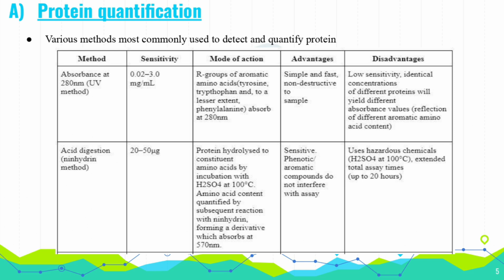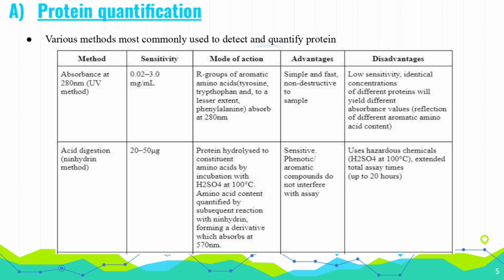After this incubation a product is formed which reacts with ninhydrin, and that product absorbs light at 570 nanometer wavelength. So this is the procedure or mode of action. Then advantages: sensitivity is there, and phenolic and aromatic compounds do not interfere with this assay. And disadvantages: a hazardous chemical is used, like H2SO4.